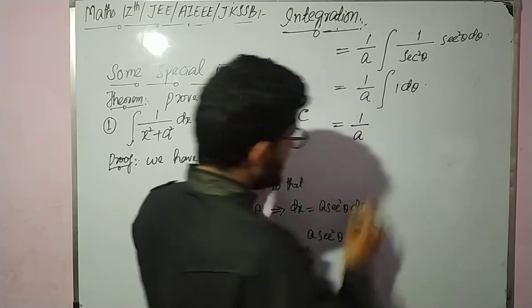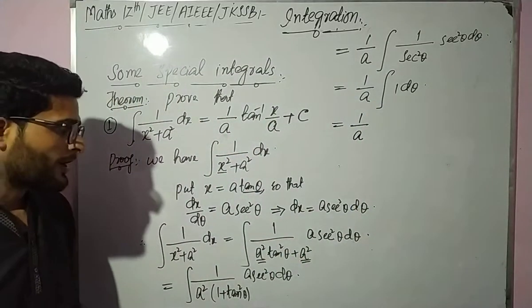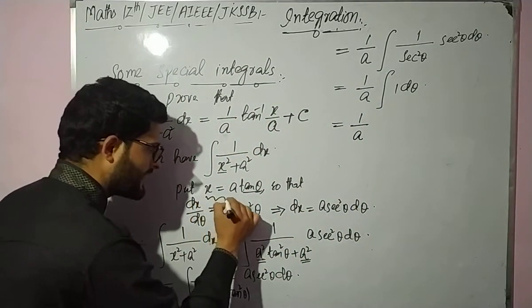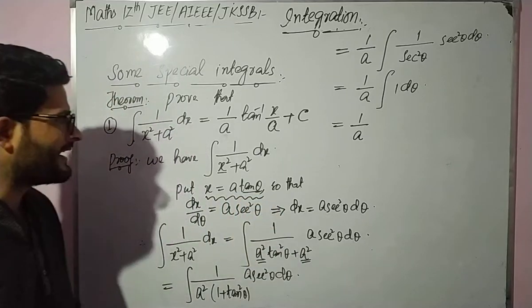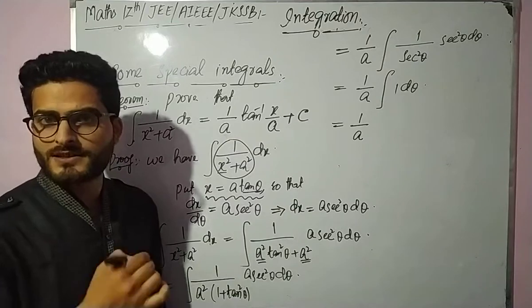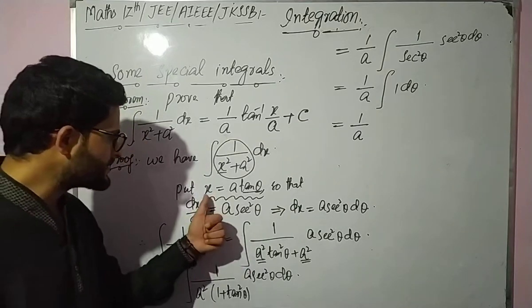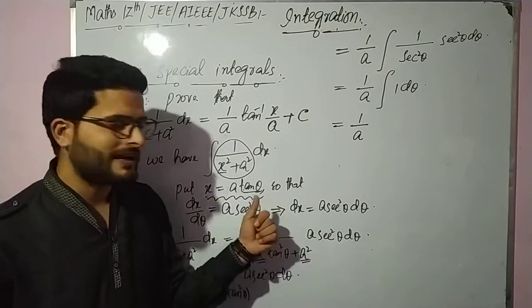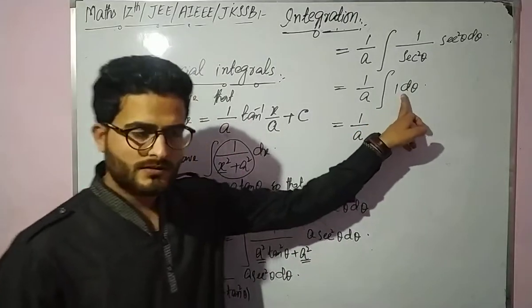And that is further equal to 1 divided by a. By the proper substitution method of x is equal to a tan theta, the given integral, which was not in its standard form, has been reduced to the standard form, right?